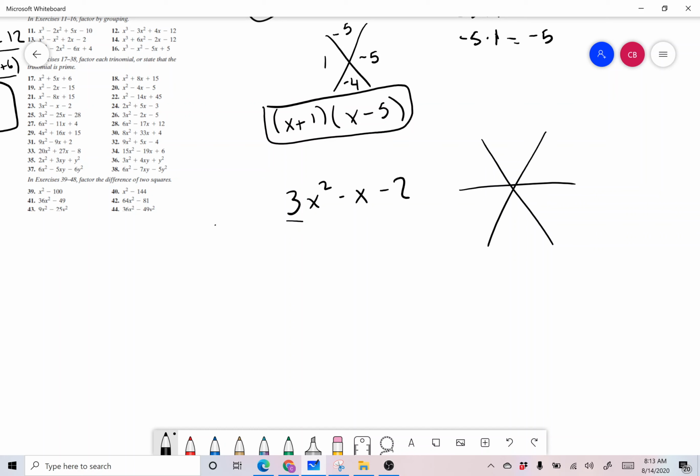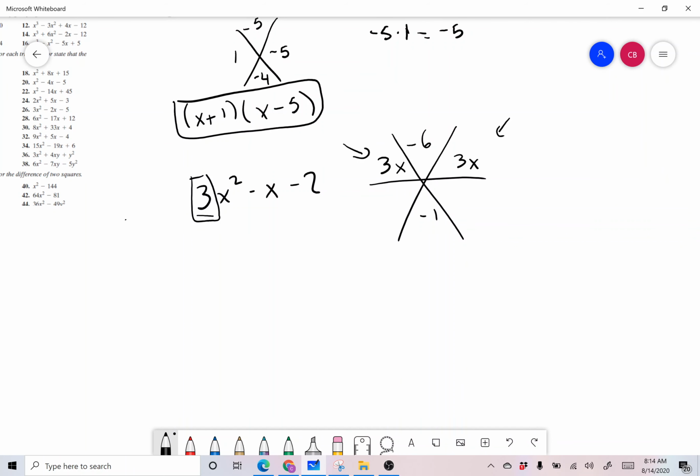The only difference is in this part right here and this part right here, you're going to write whatever this coefficient is. So we're going to put 3x and 3x. Now, top is still the same, bottom is still the same, so top will be negative 6, bottom will be negative 1. And we look for two things that multiply to negative 6 and add up to negative 1. That's going to be negative 3 and positive 2.